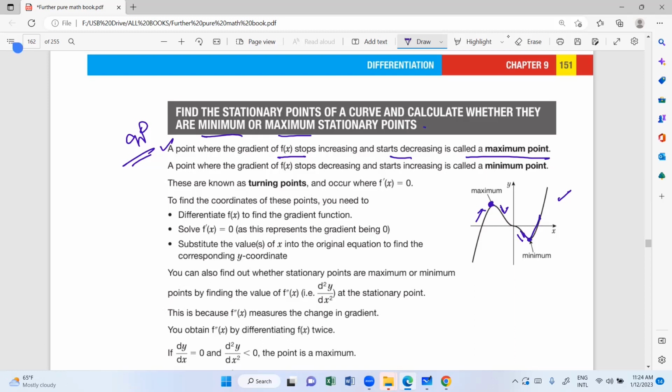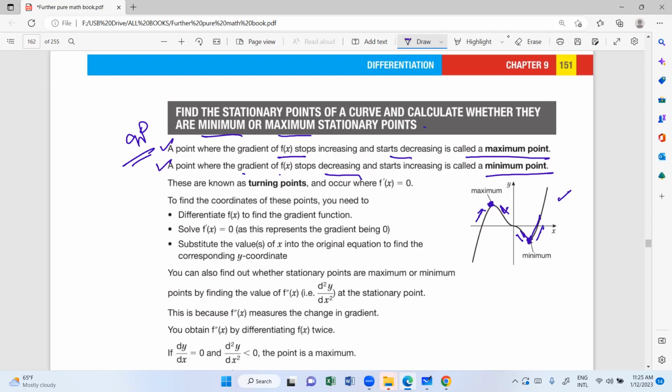This point is said to be the minimum point, a point where the gradient of f(x) stops increasing and starts decreasing here, and here the gradient of f(x) stops decreasing and starts increasing. So this point is said to be the minimum point.